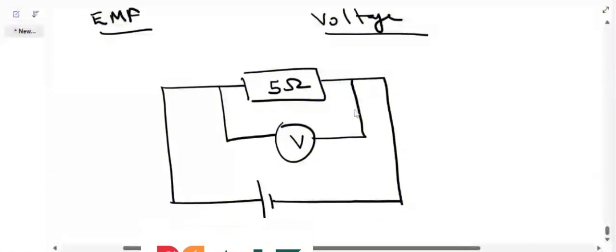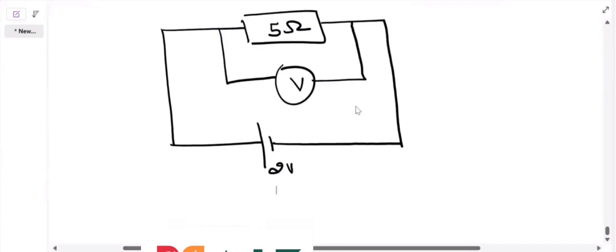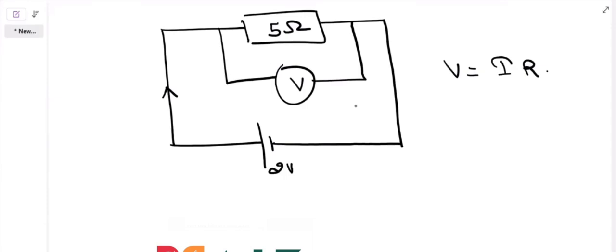While you are measuring it, you will observe that not the complete 2 volt is flowing through the circuit. Let's just find out first how much current is flowing. So V equals IR. V is 2, I we have to find, R is 5.